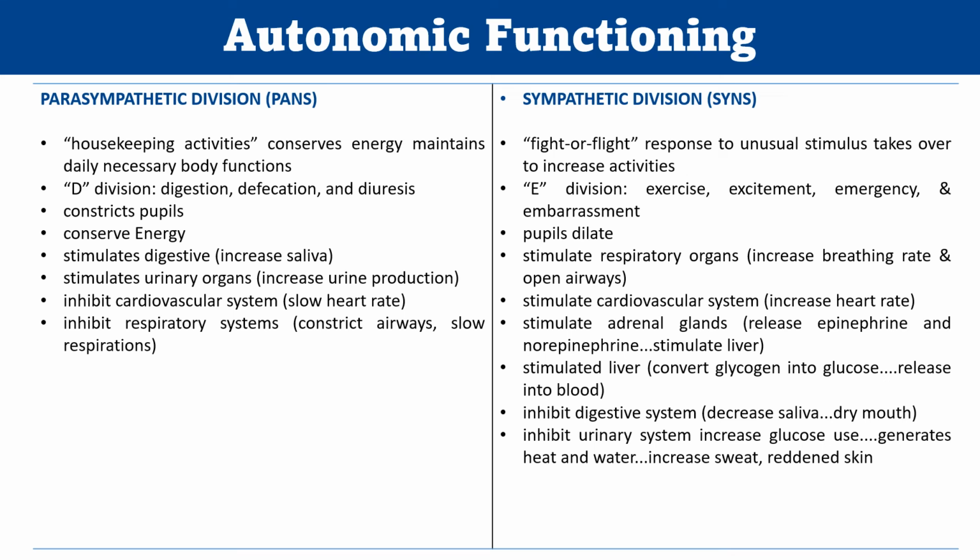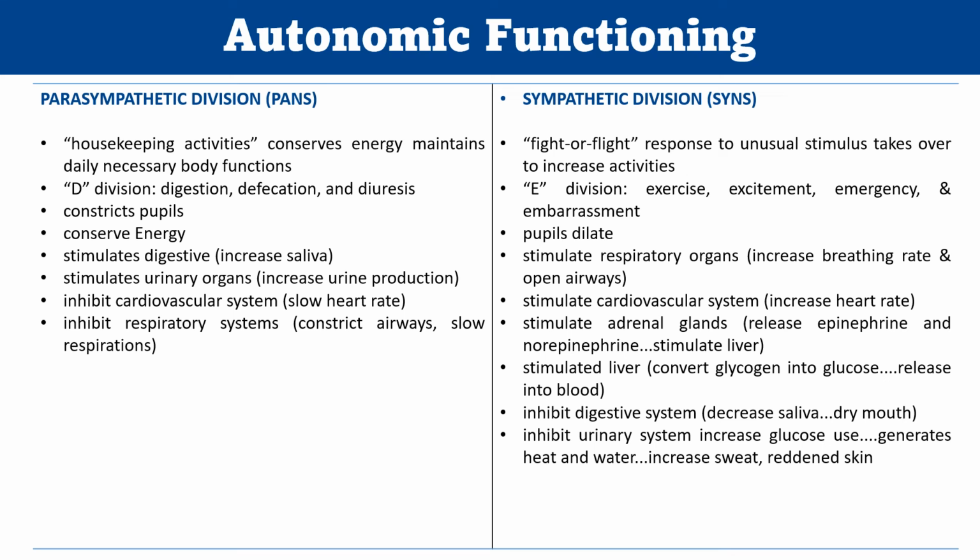Pupils constrict, it conserves energy, stimulates the digestive system, increases saliva, stimulates the urinary system by increasing urine production, inhibits the cardiovascular system, slows heart rate, inhibits the respiratory system, and constricts airways or slows respiration.